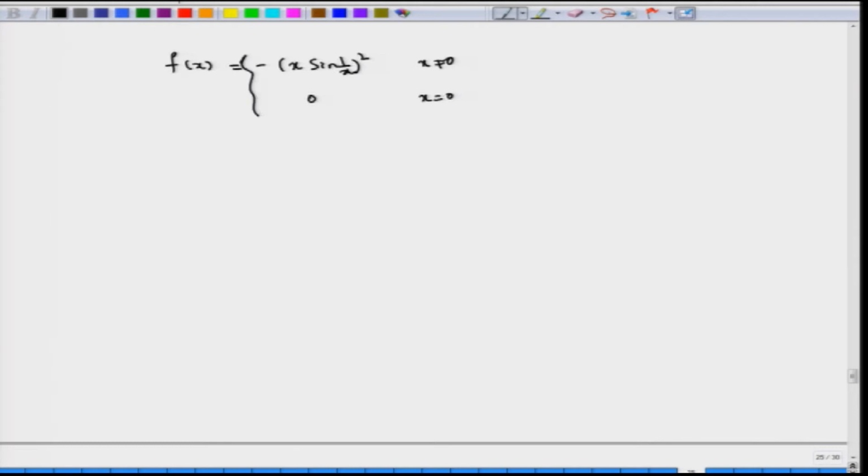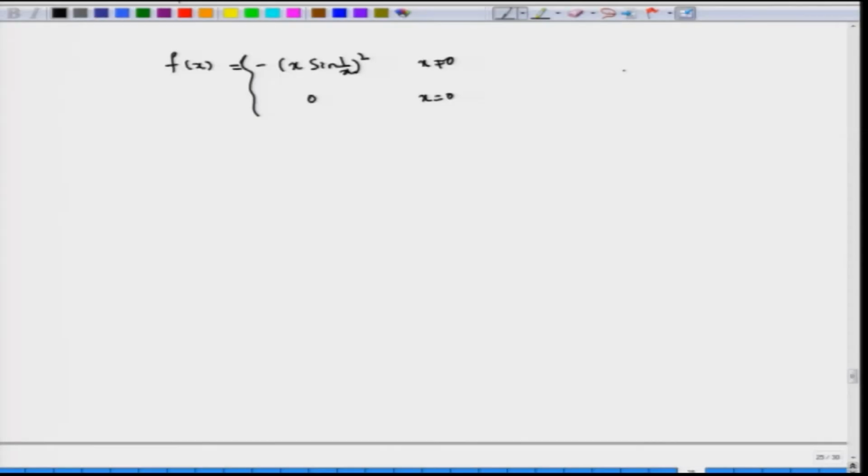Now if you want to look at where it is decreasing, you can see that if your x is equal to 1 by n pi, then f of 1 by n pi is going to be 0.